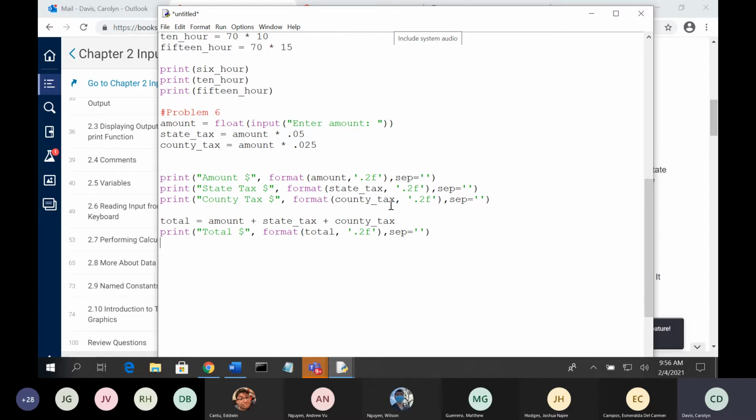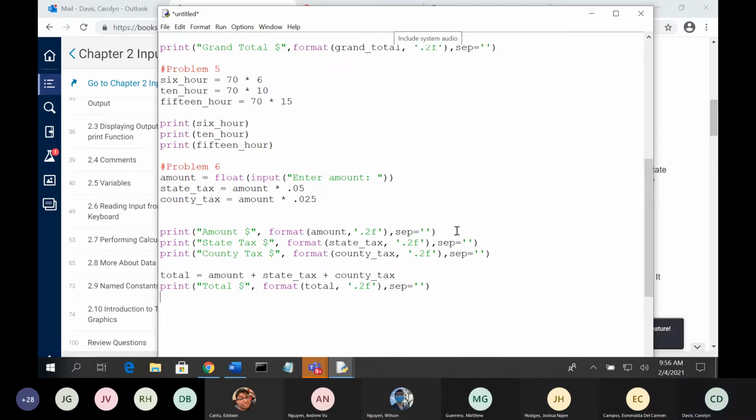And we got everything in the right order. Okay. So there's 1 through 6.